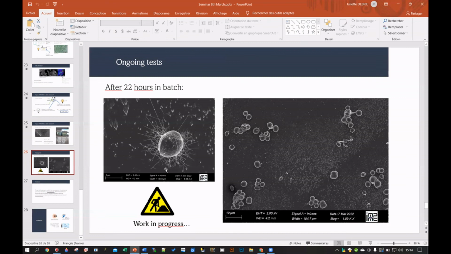There was no cell on the calcite in that one, and in this one there were many. I have a question: do you plan to dope your calcite with some iron, for instance, to force the microbes to really dig and pick up some iron through dissolution? We can do this kind of experiment that would force the dissolution. I don't plan to do it during the PhD, but that would be interesting.